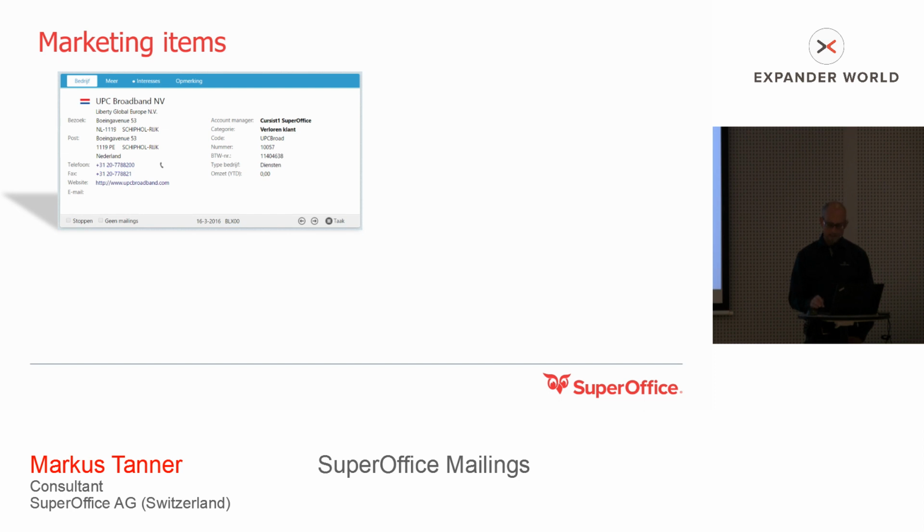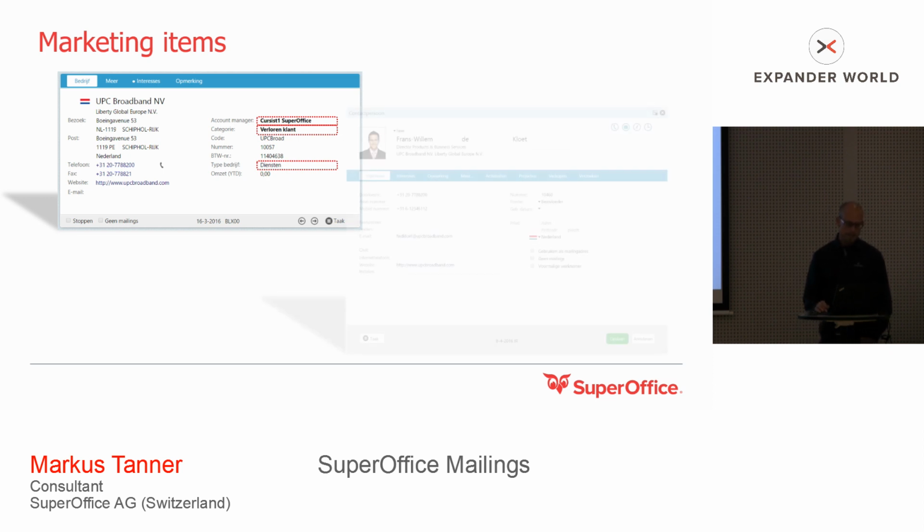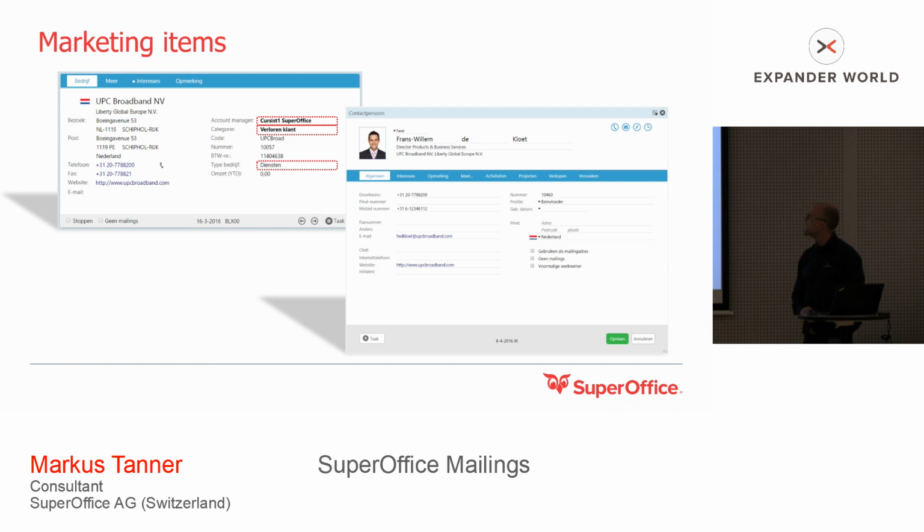Well, the marketing items, we will look into that later a bit in the live demo also. So typically you have the account manager, you have like the categories. You see, I'm from Swiss and this is from Holland, so the presentation was stolen, actually from Tony, and given to me, so I just used the same.